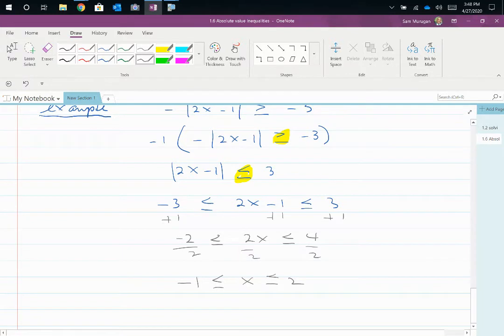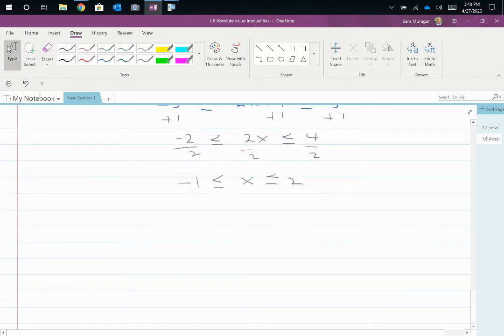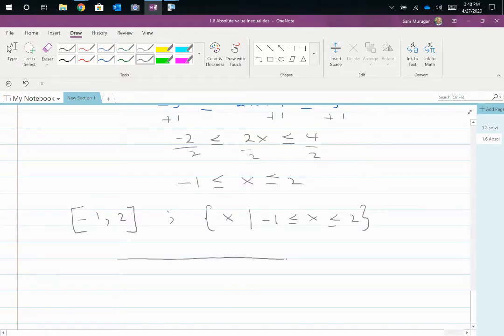So x is a number between -1 and +2, including, so brackets, including -1 and +2. Set builder notation. And graphical notation. -1, +2 on the number line.